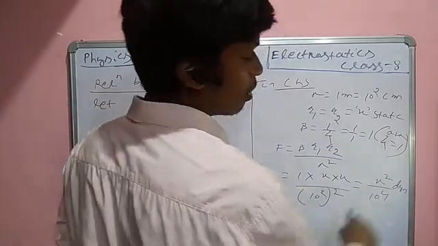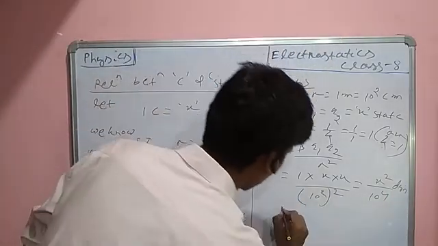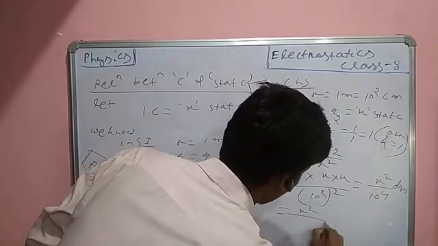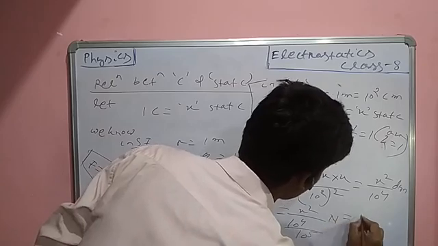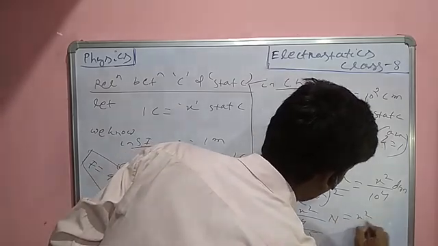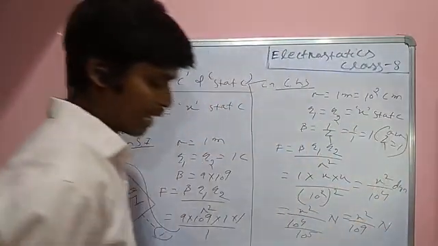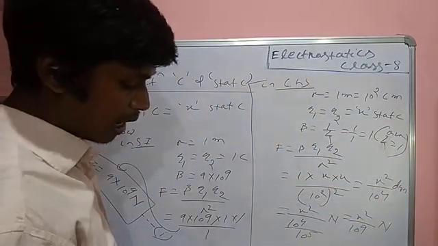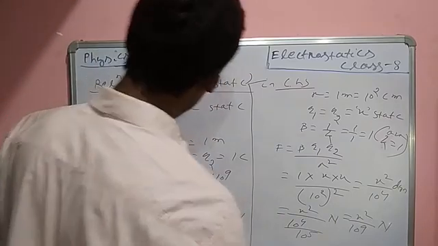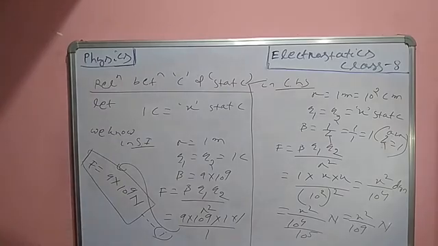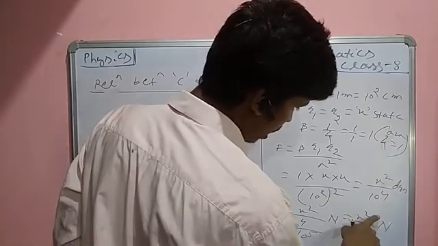But we have to convert dyne to Newton. X square divided by 10 to the power 4, divided by 10 to the power 5, is Newton. That is equal to X square by 10 to the power 9 Newton. Yes or no? So in CGS, F is equal to X square by 10 to the power 9 Newton.